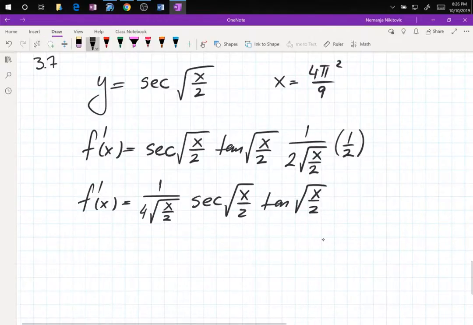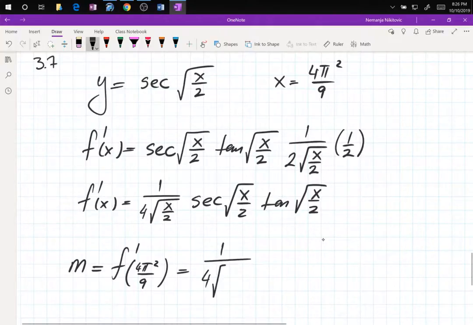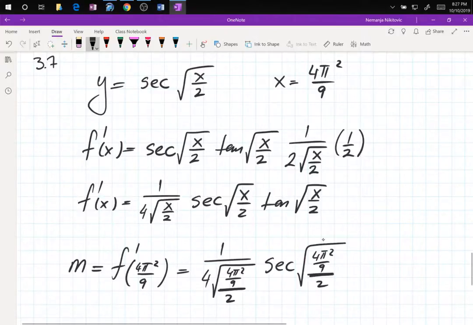Now, to calculate the slope m, I will plug in the value of 4 pi squared over 9. So now that's going to populate everywhere. That's 1 over 4 times the square root of 4 pi squared over 9 divided by 2, times the secant of the square root of 4 pi squared over 9 divided by 2, times the tangent of the square root of 4 pi squared over 9 divided by 2.